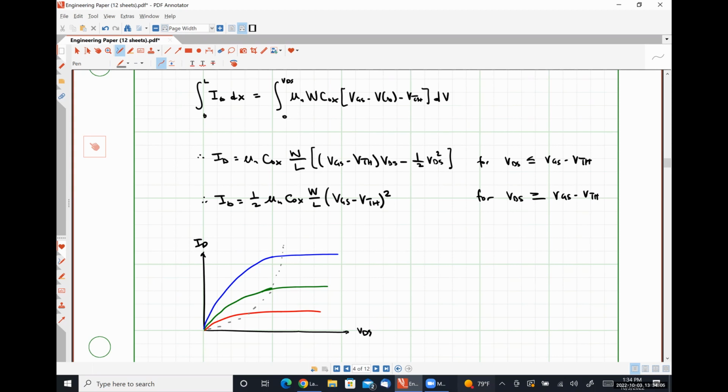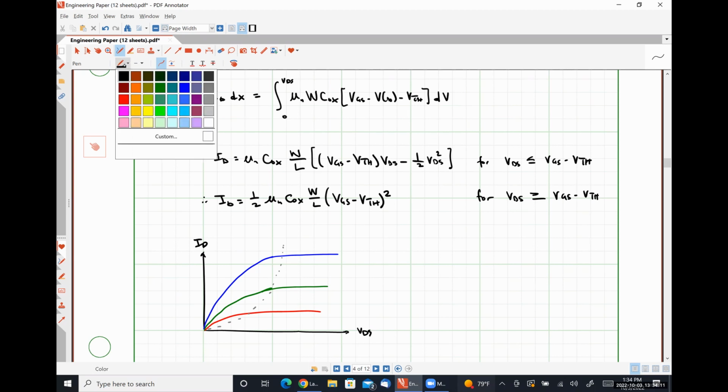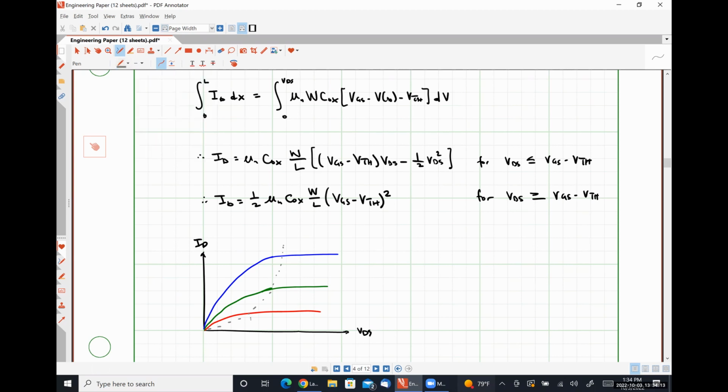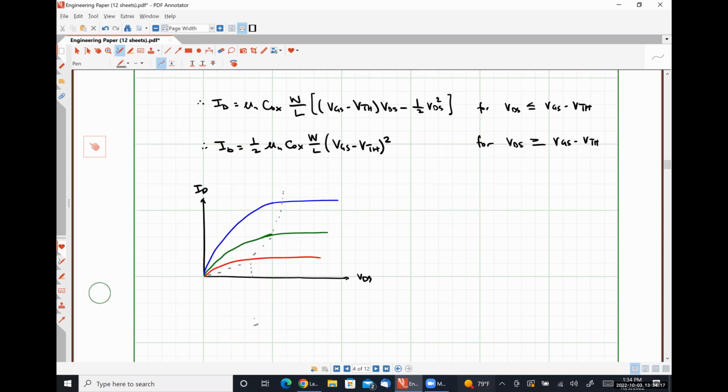Each of these corresponds to different levels of V_GS minus V_TH. So this would be V_GS1 minus V_TH. This value corresponds to V_GS2 minus V_TH. This value corresponds to V_GS3 minus V_TH.